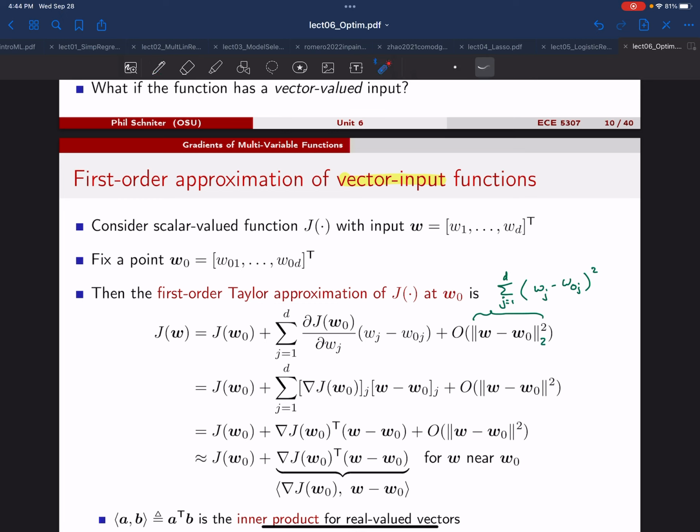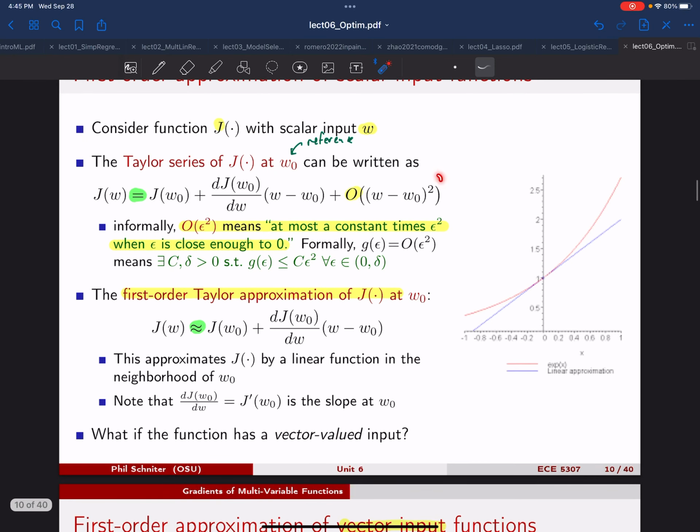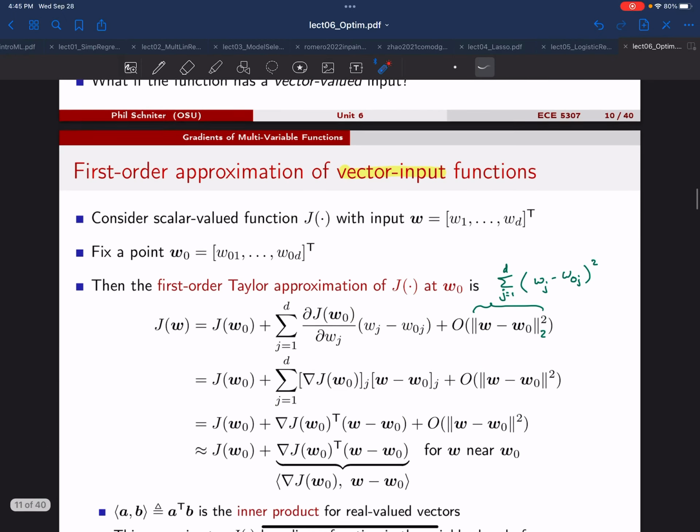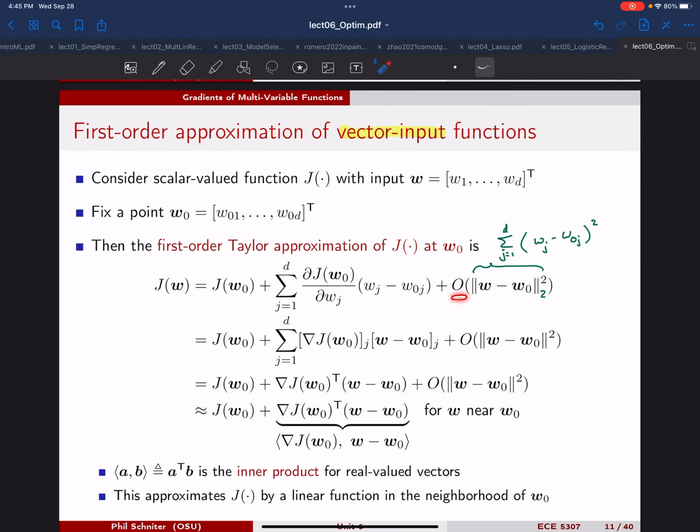So you can see that this term also has that same form where you sum over the different components, but now you're just squaring them. Okay, so that's just a direct extension of this. And we have the order, the big O, as before. Okay, so this is how we do the Taylor series approximation when we have a vector-valued function.